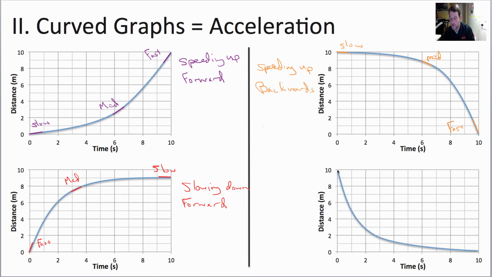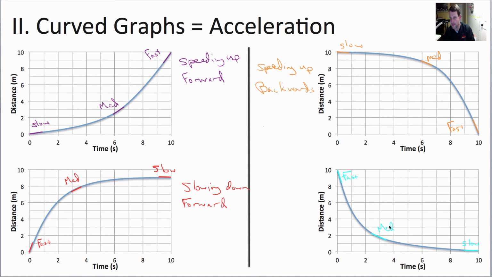Now our slope lines, we're going to draw 3 slope lines again. One in the beginning, one in the middle, and one in the end. You can tell our first slope line is really steep, so that must be fast. This is a medium-ish slope, so there's a medium speed here, and this is a very small slope to almost zero, so this one is slow.